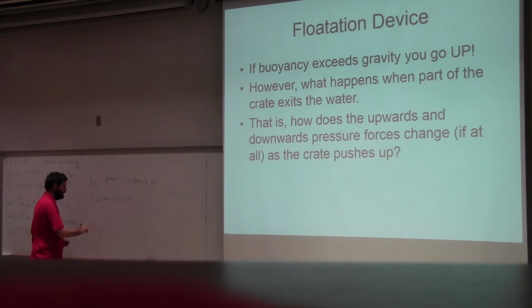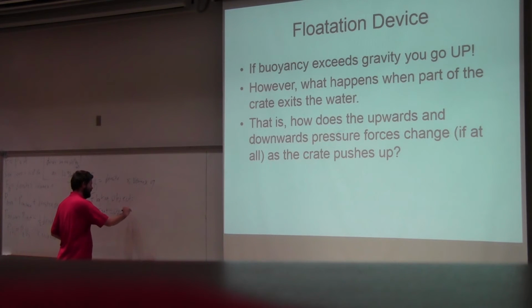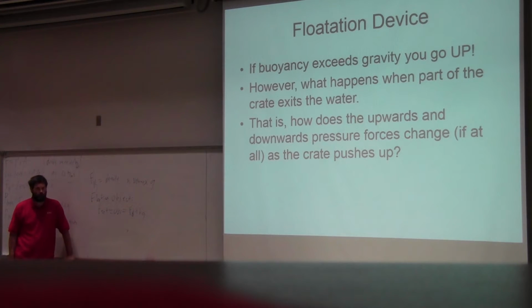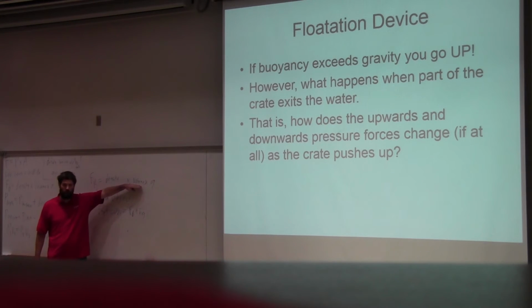Floating object: the net force equals zero, which equals the buoyancy force plus the gravity force. Now, let's solve this for the buoyancy force. We can't use the earlier equation for the buoyancy force yet because we don't know how much volume is displaced, since some of it is out of the water and some of it is in the water.